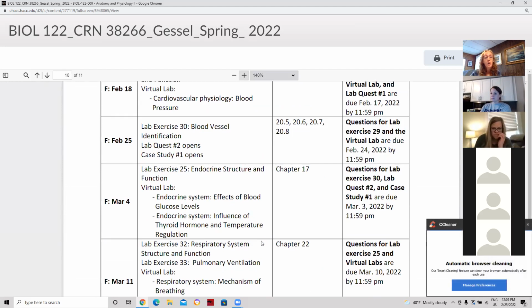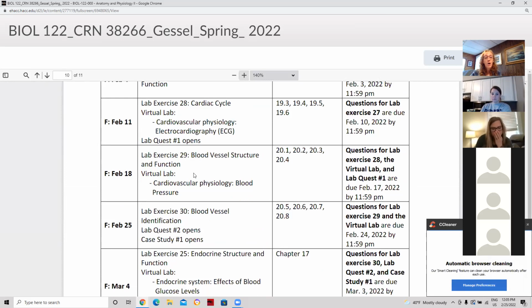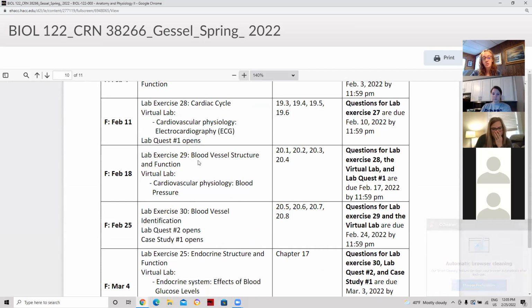The second lab quest is going to cover last week's lab exercise and this week's lab exercise. Your first case study was supposed to open today.